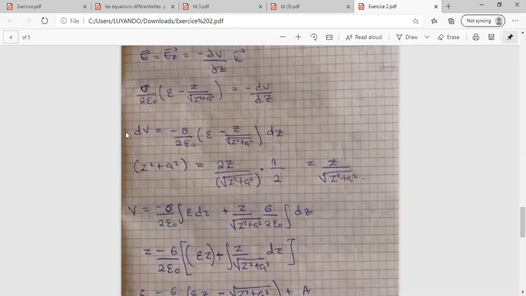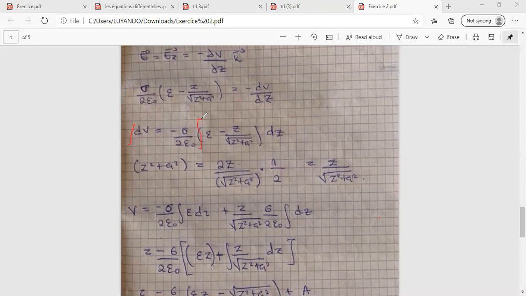For me to have V, I have to integrate. This is my dV, so to get V I have to integrate both sides, but this is a constant. So V is equal to the integration of this expression that I have, and our constant comes out.